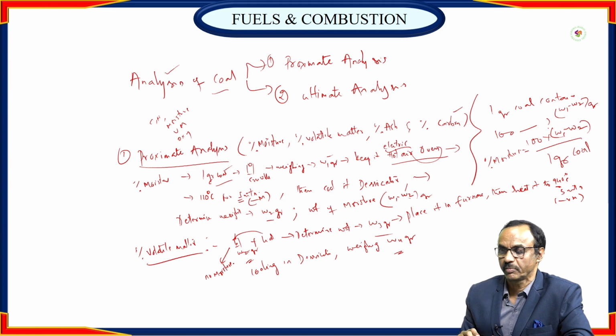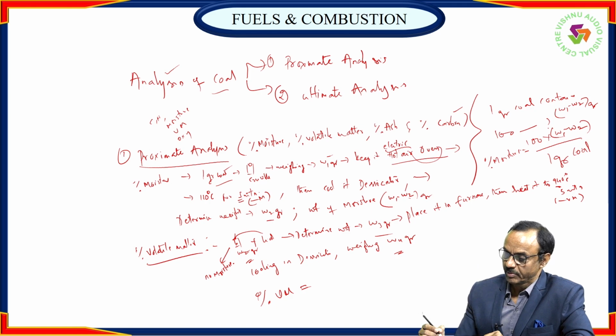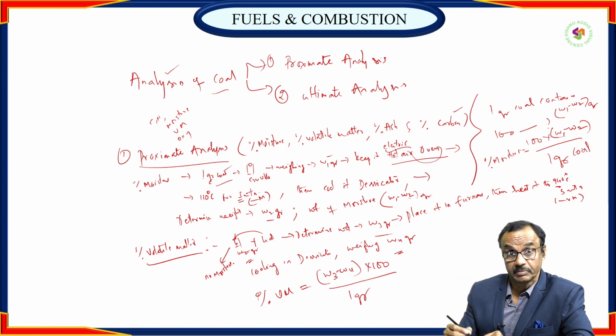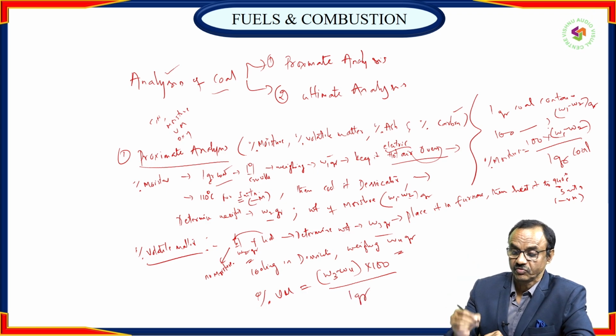Calculate the volatile matter, following the same process as for the calculations. So percentage of volatile matter is equal to (W3 minus W4) into 100 by the initial weight of coal taken. At the beginning, the initial weight of coal is 1 gram.